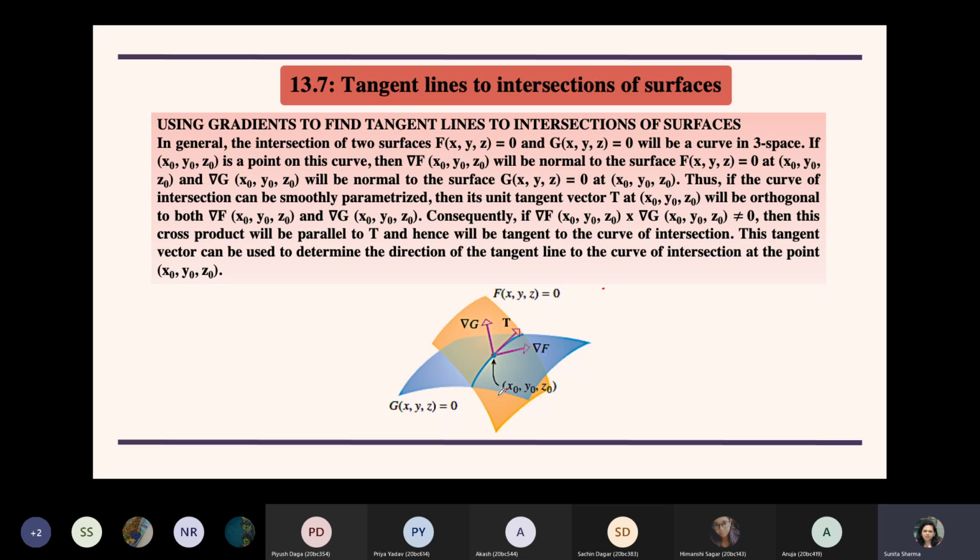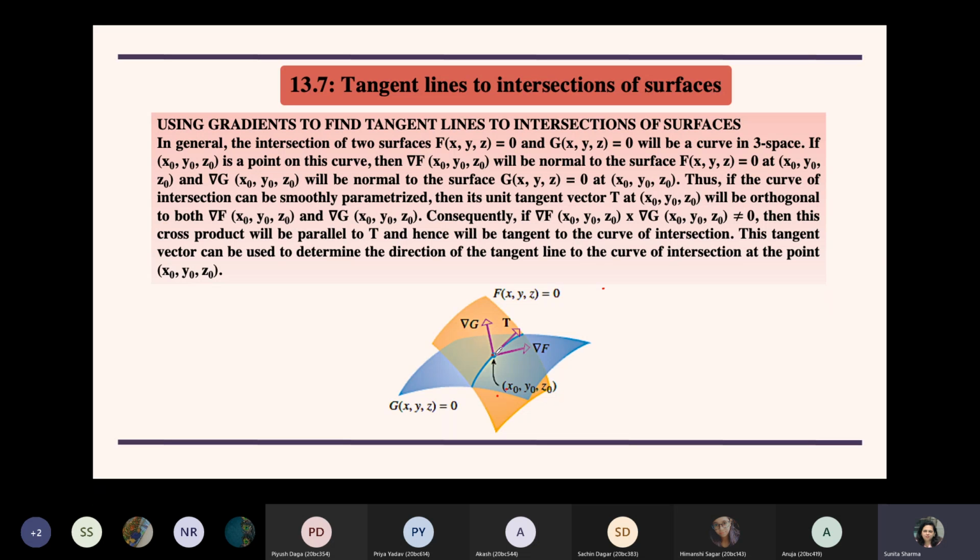You have two surfaces F and G. You have the intersection of these two given by this blue colored curve, which you call some capital C. Then you are making a tangent to this particular curve at this point. That is given by this. This is the tangent vector, and you can extend it to get the tangent line.